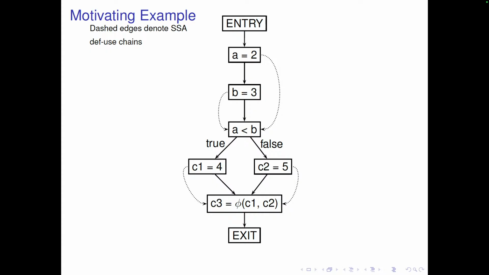Suppose the value of A is set here and used here. I don't have to pass that value through all the blocks. You can directly jump from here to here. So in large programs, when there are fewer assignments or a large number of usages, you save a lot of time. You don't have to do normal round robin iterative iterations.